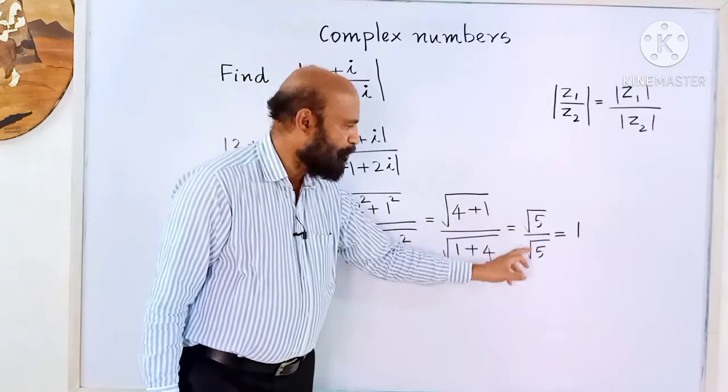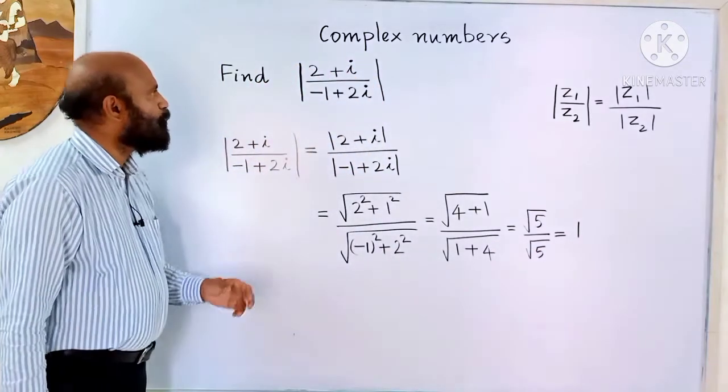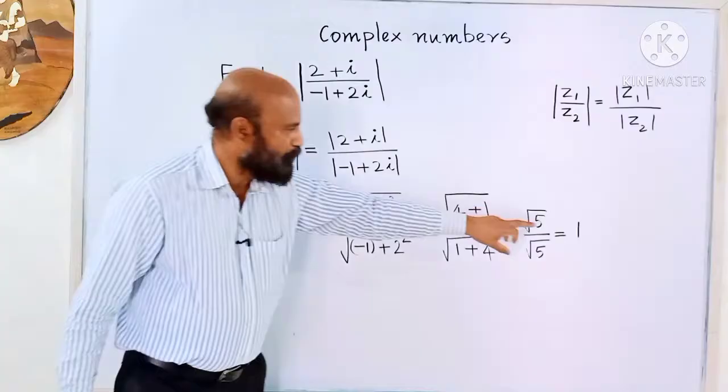So square root of 5 divided by square root of 5. So the answer is 1. So modulus of this complex number is 1.